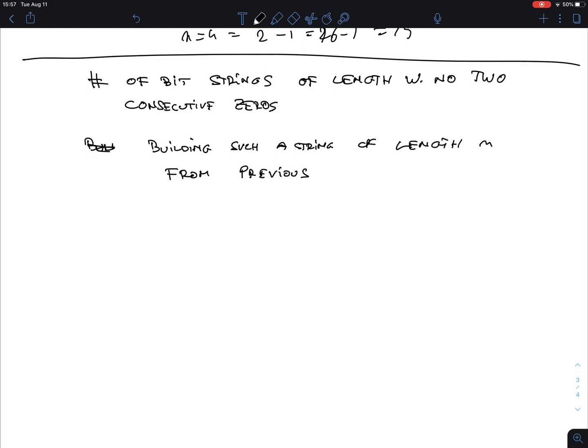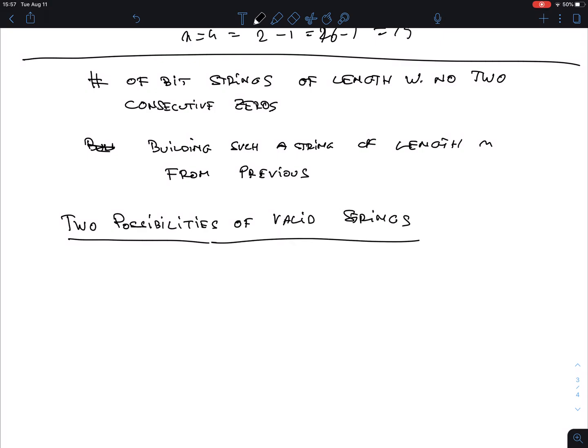Now, how does such a string of length n look? Well, there are really two possibilities, and this is something that is of valid strings.